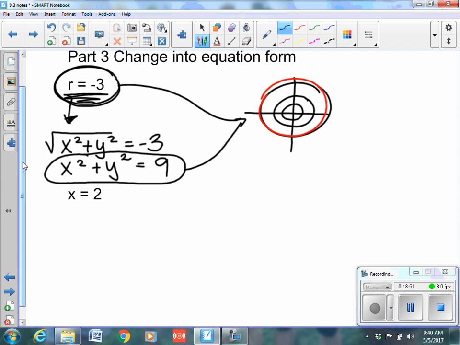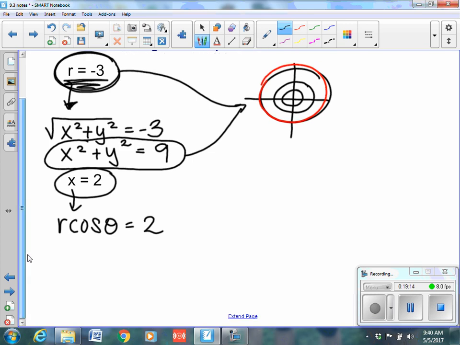So, okay, x equals 2. What does this make? Look on your formula sheet. What does x equal on your formula sheet? r cosine of theta equals 2. Okay, now they want you to go back to the wonderful chapter 7. Do you remember chapter 7, the dreaded chapter 7? In order to get r alone, can I divide both sides by cosine of theta? See what I did?